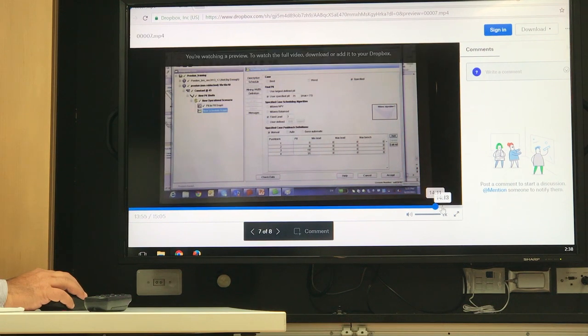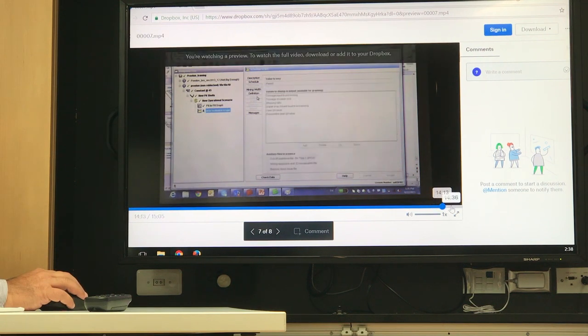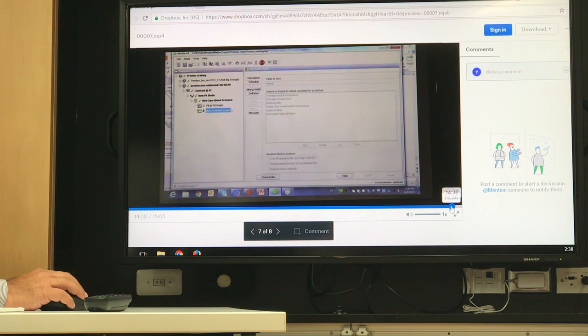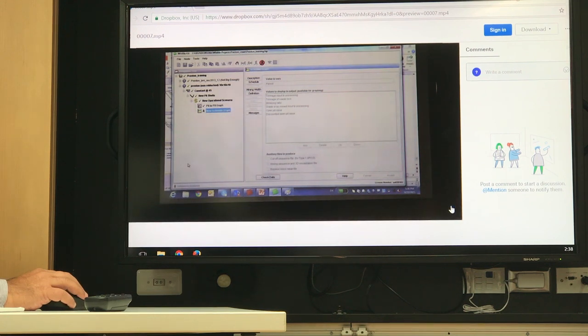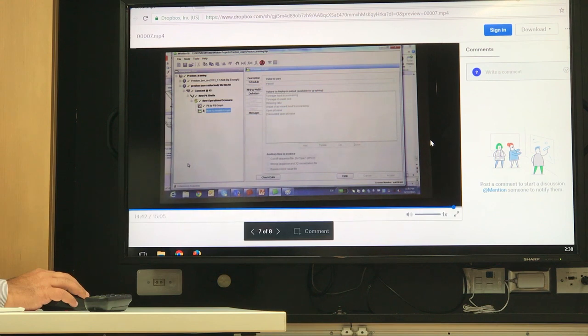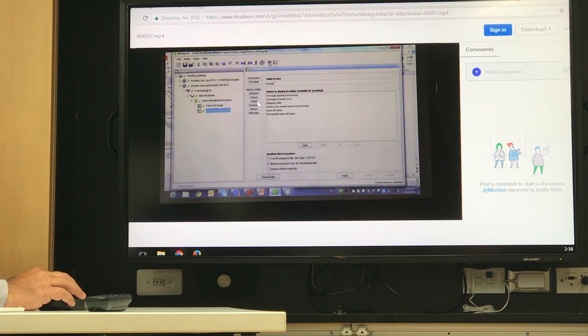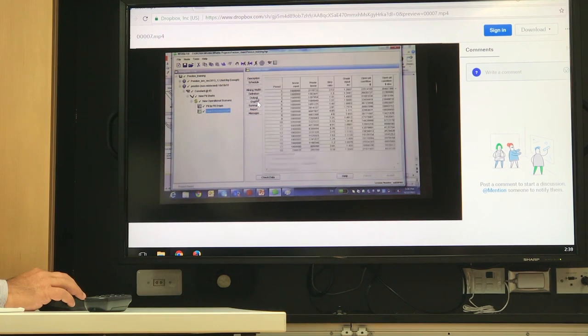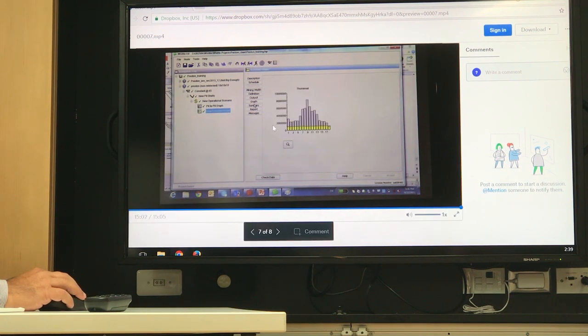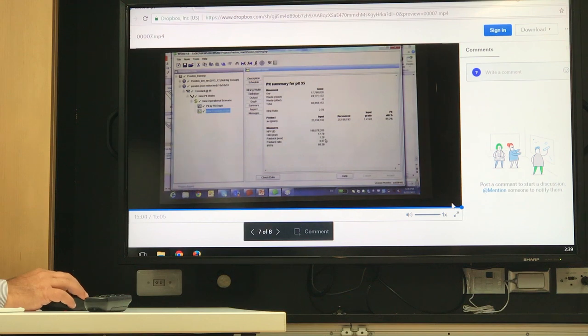And now you have all these outputs. If you look at that, so this is the output.